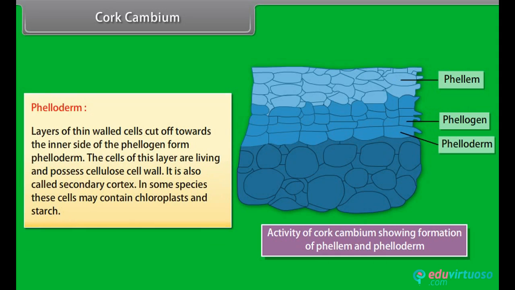Layers of thin-walled cells cut off towards the inner side of the phellogen form phelloderm. The cells of this layer are living and possess cellulose cell wall. It is also called secondary cortex. In some species, these cells may contain chloroplasts and starch.